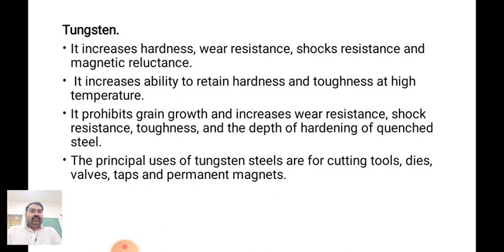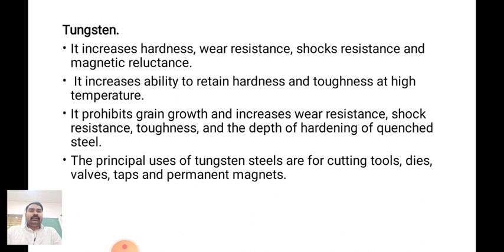Now cutting tools are used in the cutting industry, such as milling cutters, drilling cutters, then single point cutting tools. Okay, tungsten steel is used. Then dies, what do we call it in Marathi, sācā, from which we make statues, an idol of Lakshmi, an idol of Ganpati or a bull, right? So those dies are also manufactured using tungsten steel. Then walls of some different taps are manufactured from tungsten.